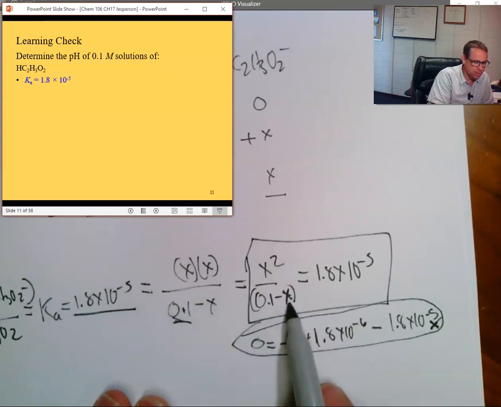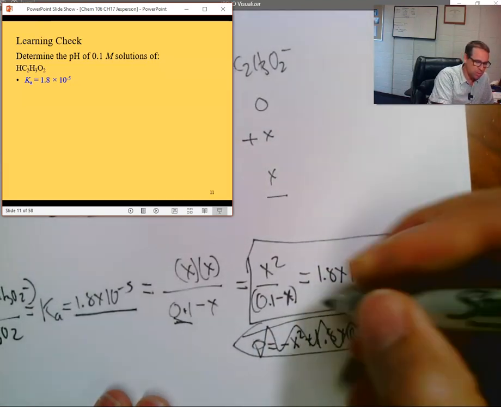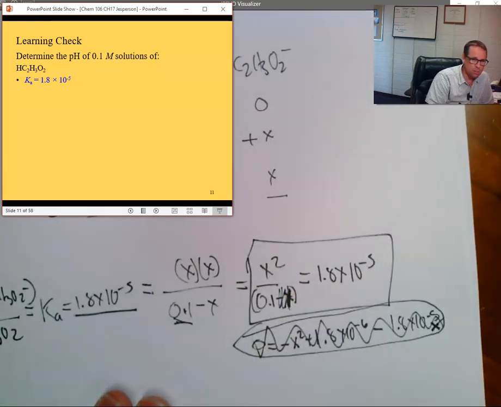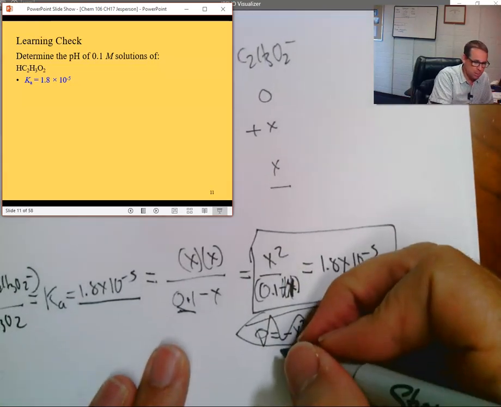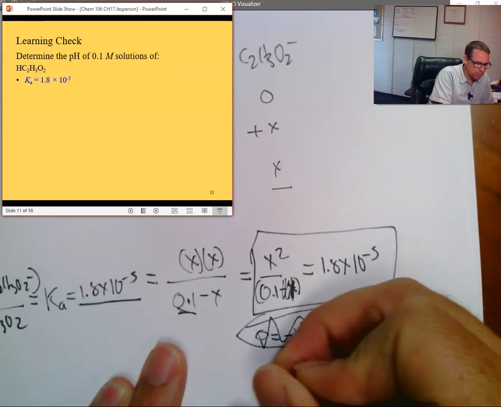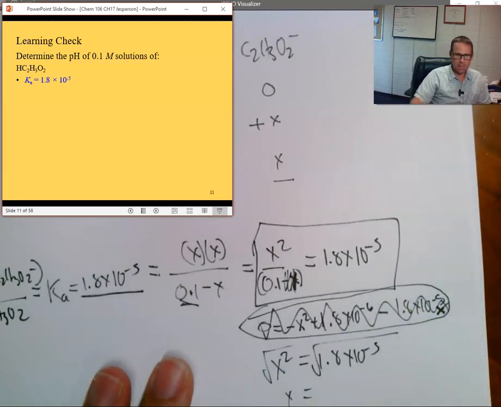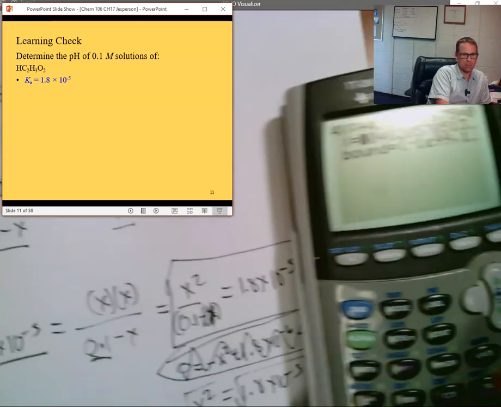That means this shift, x, is going to be so small compared to the 0.1, it's essentially not going to make a dent in it. So I can save myself from having to do all this by just dropping that term right there. And then that leaves me with x squared equals 1.8 times 10 to the minus 5. And then I can just take the square root of both sides and solve for x.